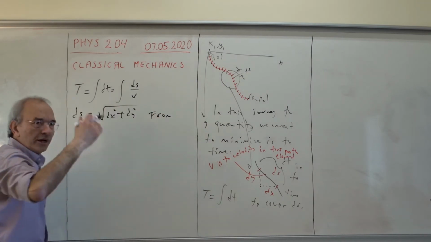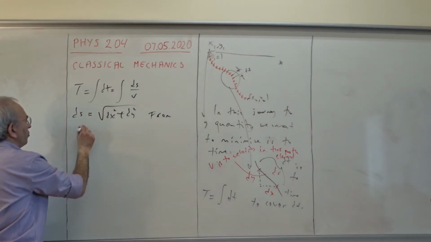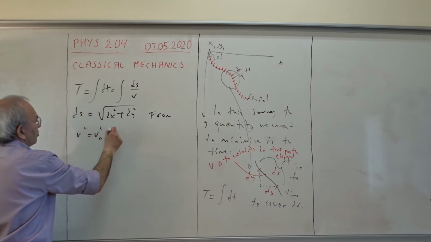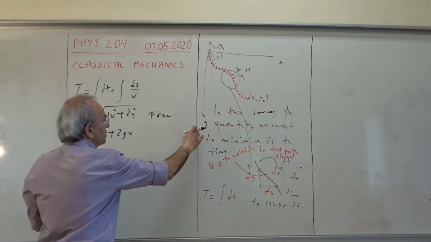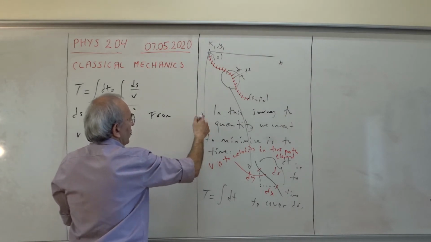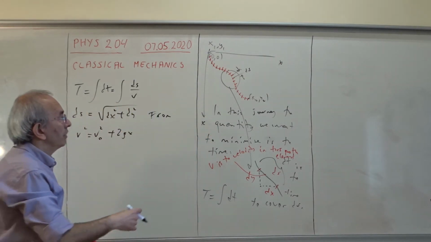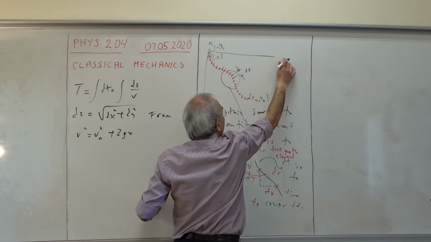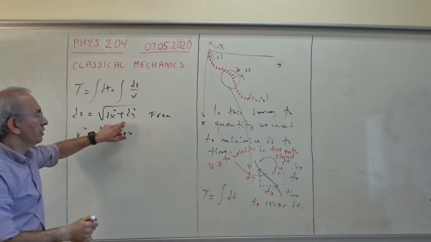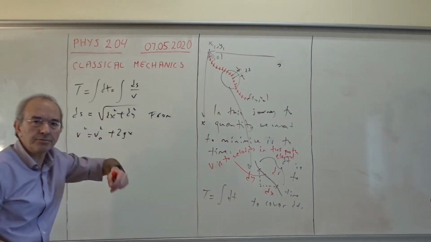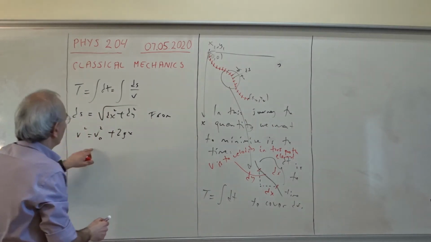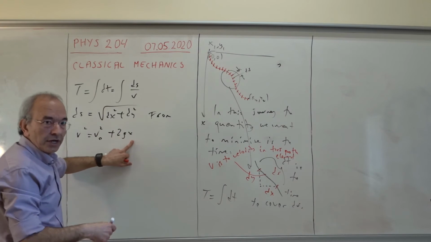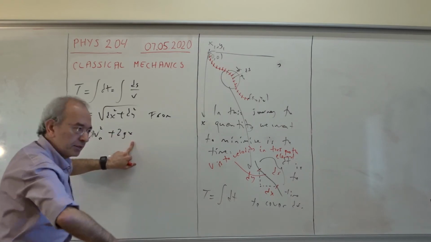Again, go back to physics 101. The formula v squared is equal to v0 squared plus 2gx. Let's use the x-axis for the vertical and y for the horizontal, because we are rather interested in the vertical motion. So let's use x as the vertical variable, positively increasing downward.